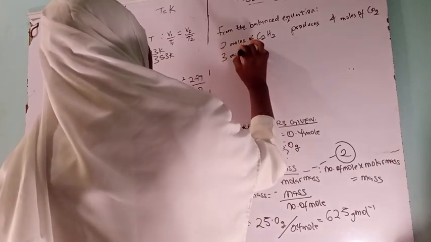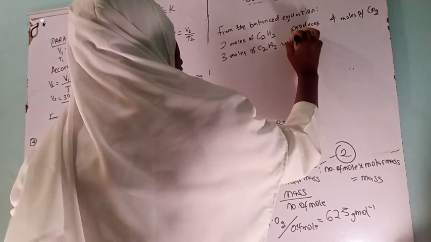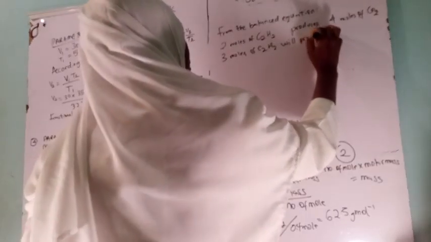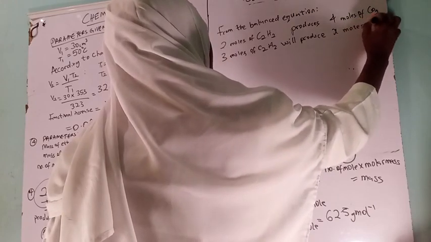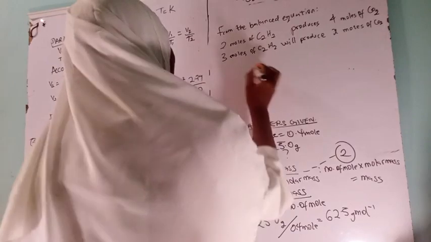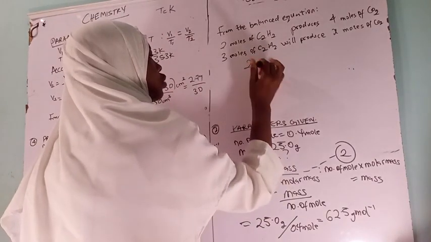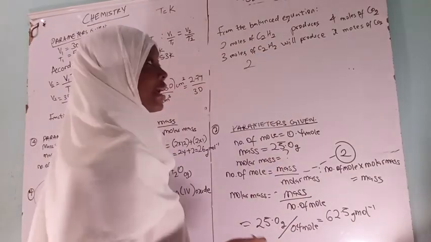That is 3 moles of ethane will produce S moles of CO2.